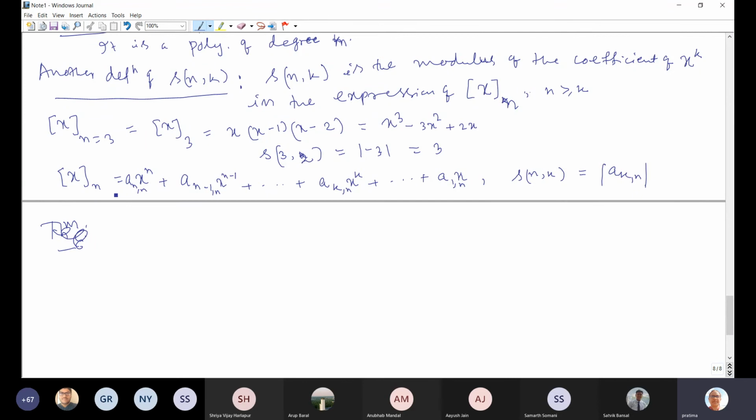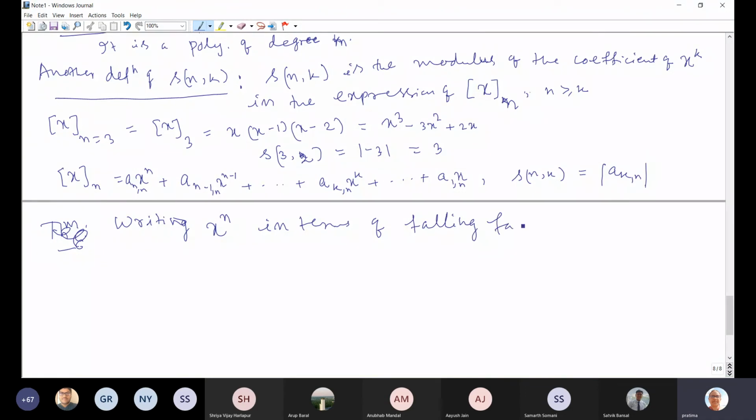So for the converse, can I write the power of x in terms of falling factorial polynomials?